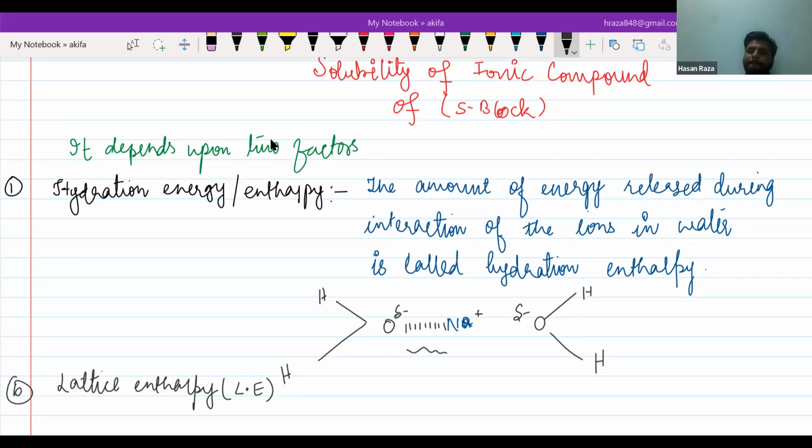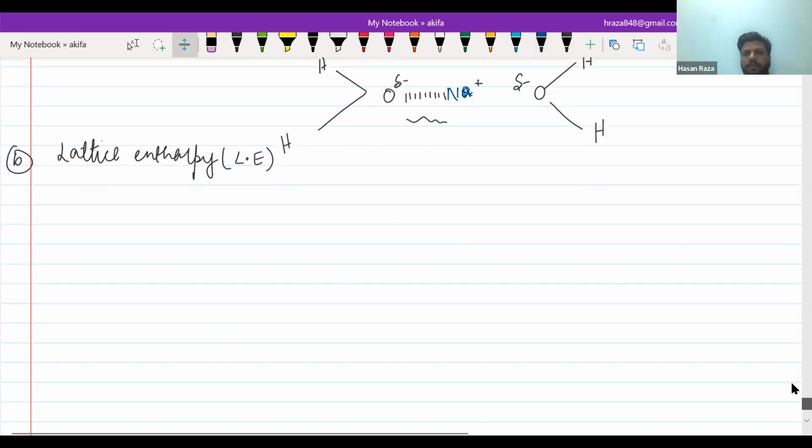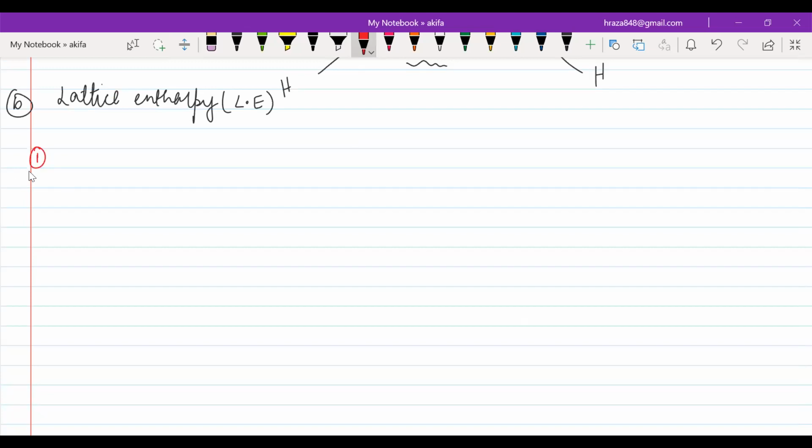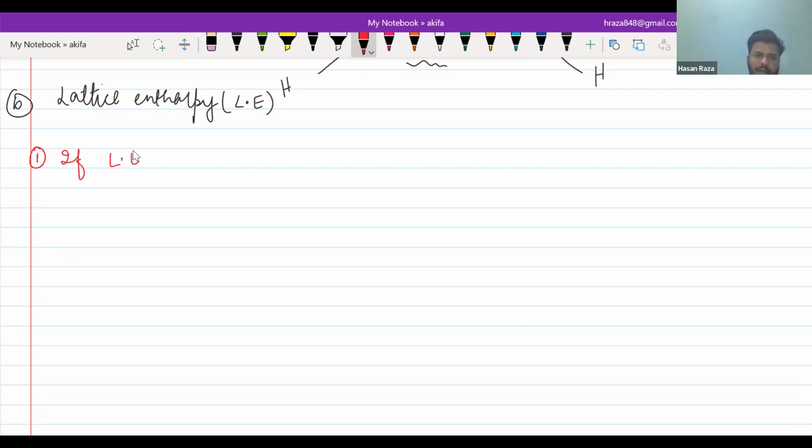Are you done? Yes. Okay. So moving to the next part, which is very important, how we decide which one is more soluble and which one is less soluble. So always remember, if lattice enthalpy is greater than hydration enthalpy, solubility of ionic compound decreases.